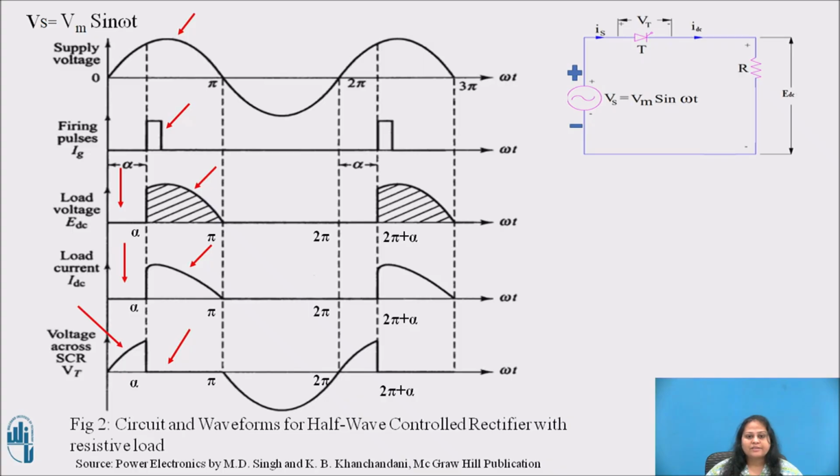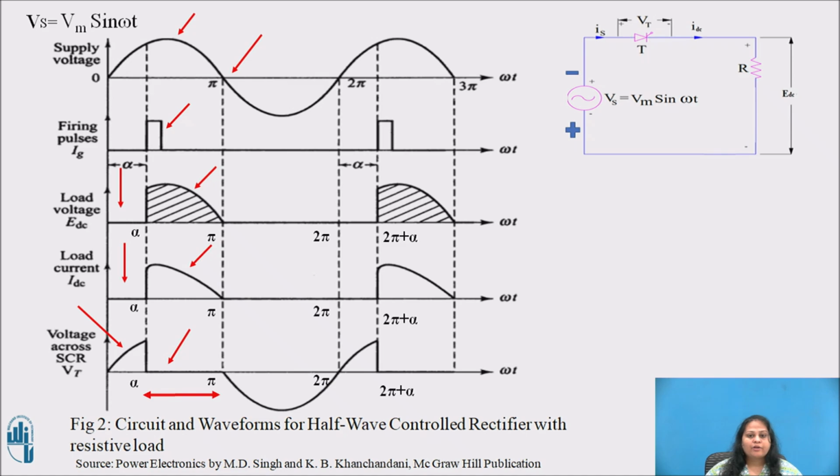As the load is resistive, current is proportional to the voltage and thus follows the load voltage. This continues till the end of the positive half cycle of the supply voltage. And thus we can say SCR conducts during omega t equal to alpha to pi.